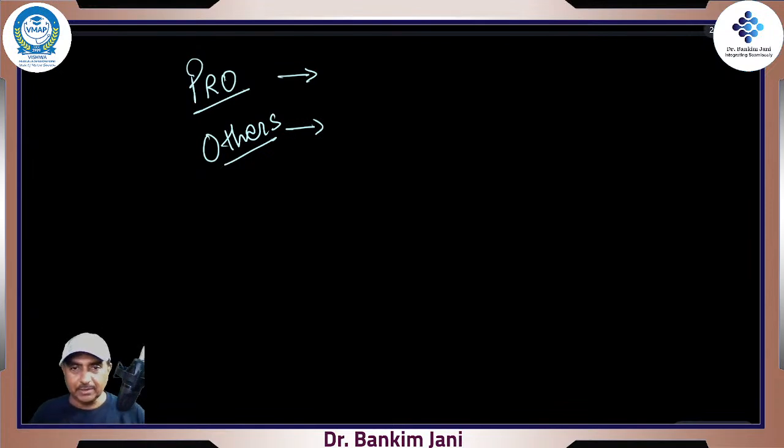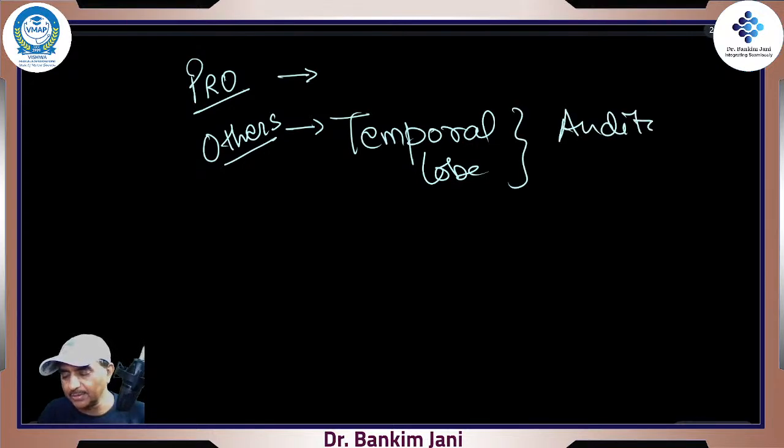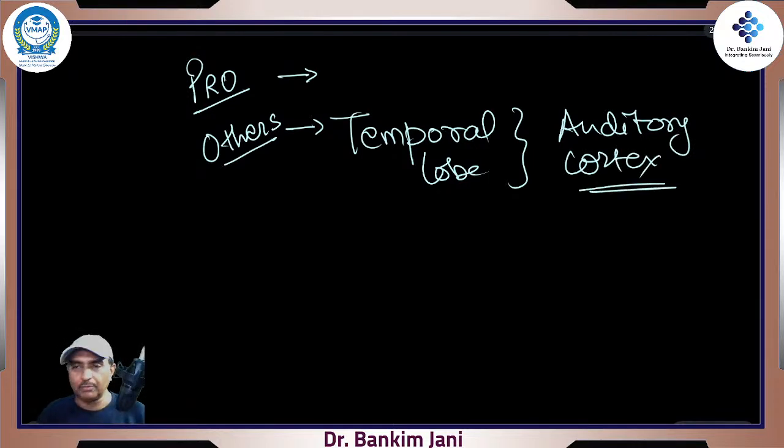What's the difference? When anyone normally listens to music, they will be using their temporal lobe. That is very ordinary, the normal thing. Temporal lobe is meant for the auditory cortex, and we have the vestibulocochlear nerve handling all those functions.